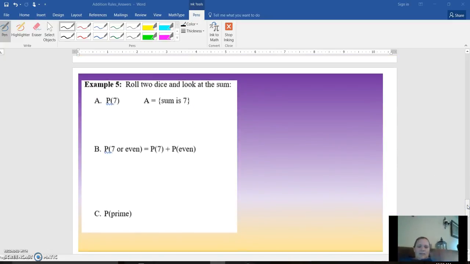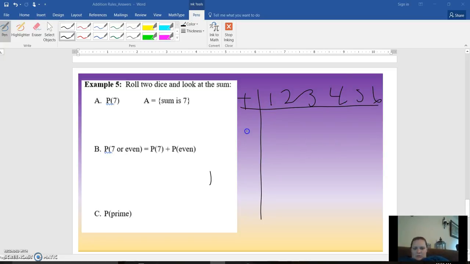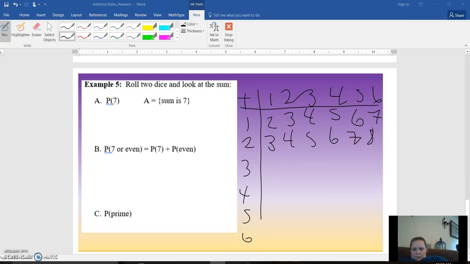Okay, we're rolling 2 dice and we're looking at the sum. So what I want us to do is make this chart. All right, this is the sum chart. So you can go 1, 2, 3, 6. 1 plus 1 is 2. 2 plus 1 is 3. 1 plus 2 is 3. 3 plus 1 is 4. 4 plus 1 is 5. 5 plus 1 is 6.